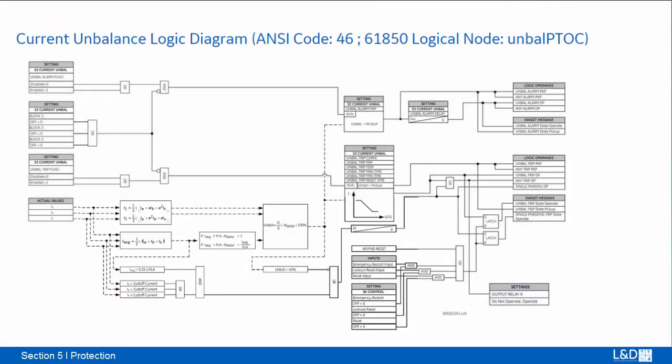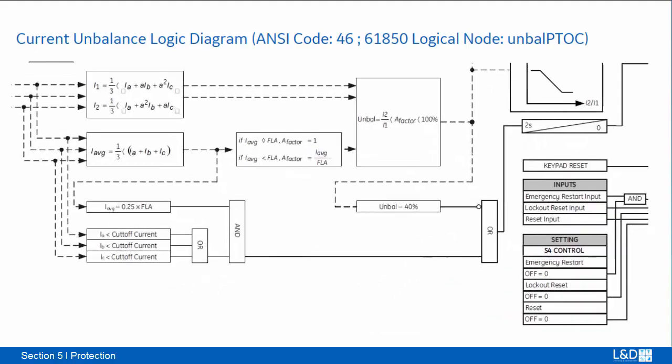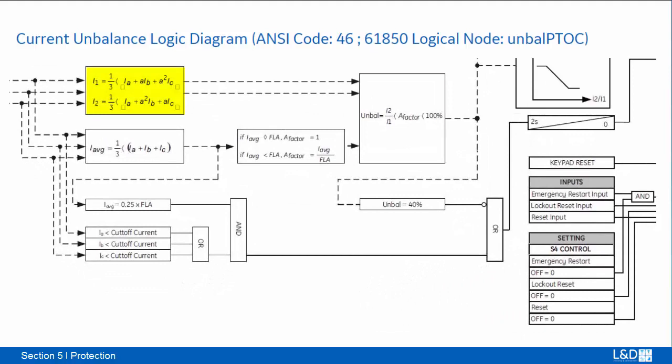From the logic diagram, we can review the Fortescue equations to calculate positive and negative sequence current and the unbalance value. A trip or alarm occurs once the unbalance level equals or exceeds the set pickup for the set period of time.